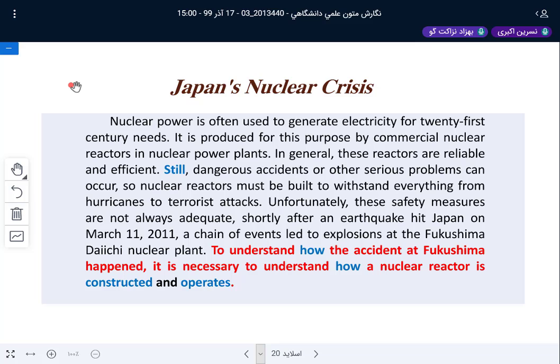Still, dangerous accidents or other serious problems can occur. Okay. So, as you see, we are using some transitional words to show how smoothly we move from one sentence to another, and we show how the sentences are related. So this contributes to the coherence of the passage.